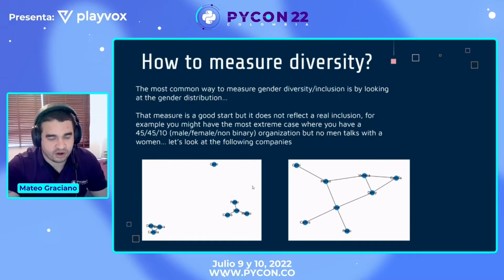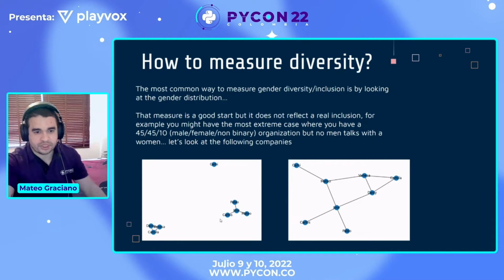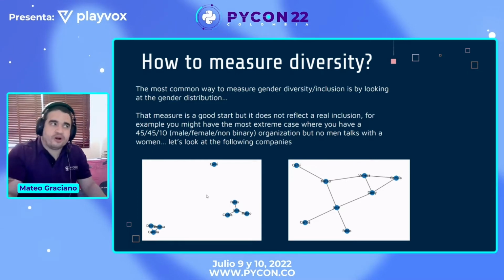That's the one on the left. So according to the distribution, you are diverse, but according to reality, you are not really diverse. You just have a lot of people in your organization, but there is no inclusion.